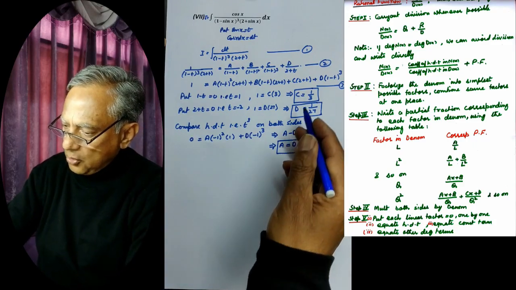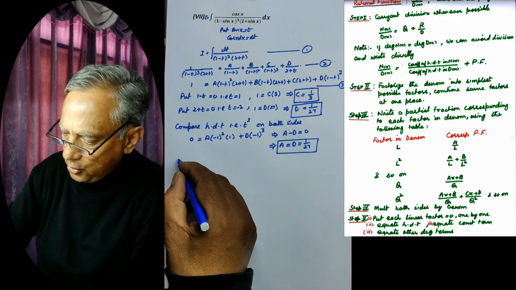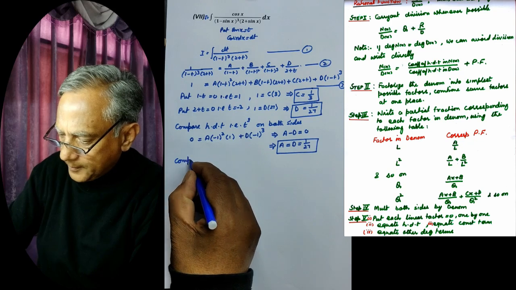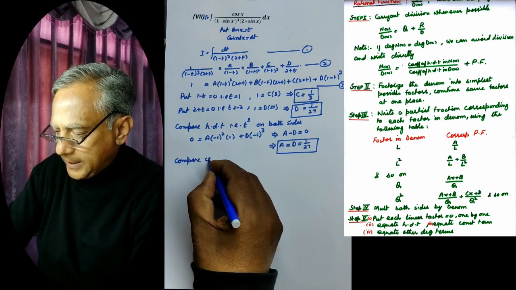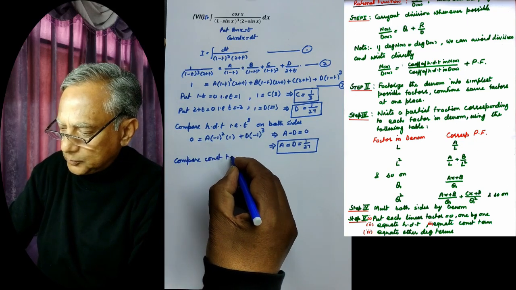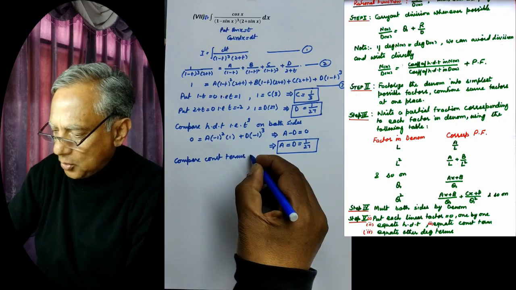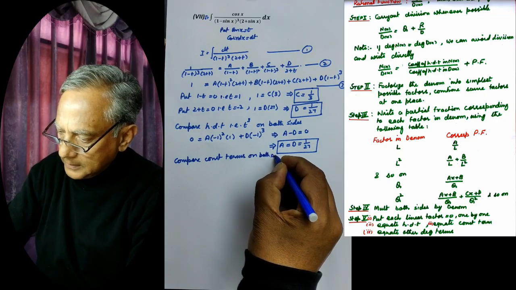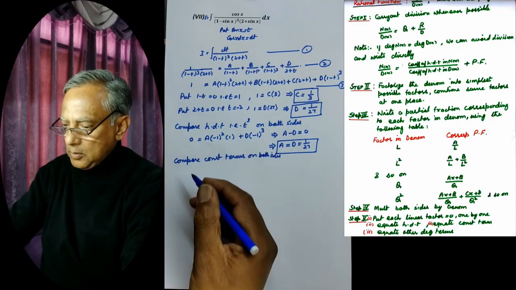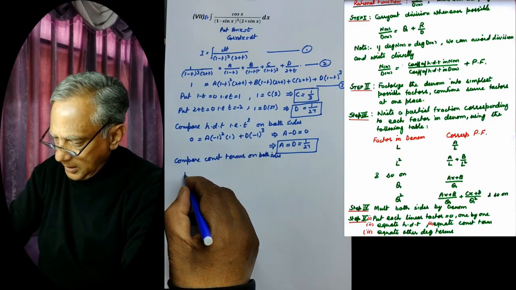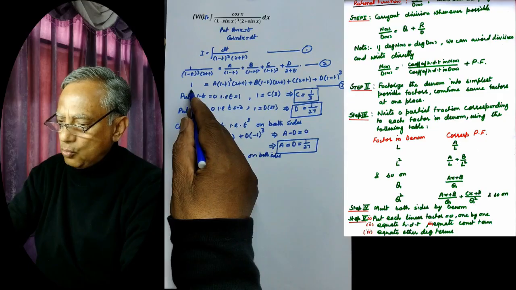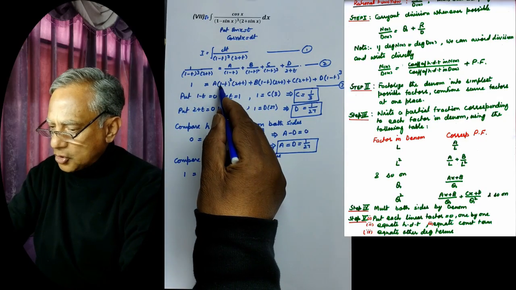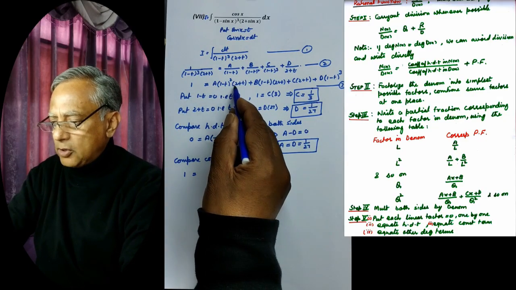Now still one constant is left. So what we do is compare constant term on both sides. What we get is, on left hand side constant is 1. From here the constant will be obtained by multiplying the constant terms.